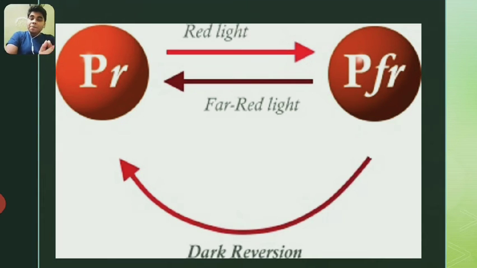So when PR, the blue colored phytochrome, absorbs the red wavelength of light, it is converted into PFR, the blue green colored phytochrome. And in turn, the PFR form is converted into the blue colored phytochrome by absorbing far red light, and this process is called dark reversion.